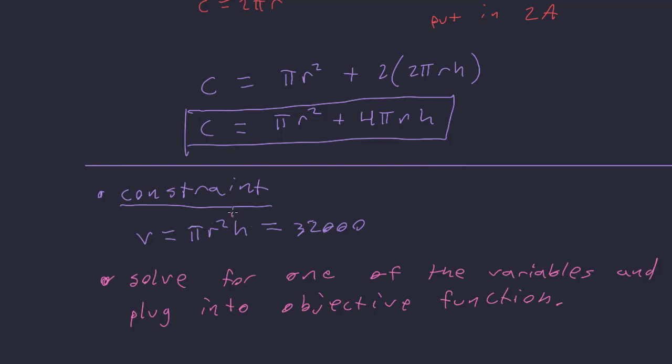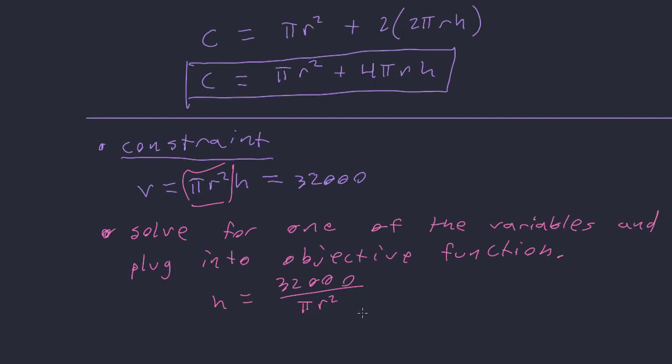To solve for h, we just divide through by pi r squared. So h is going to be 32,000 divided by pi r squared. And then this we are going to plug in for h in our objective function. Now it looks kind of bad, however, some things are going to cancel here, so hopefully it will not be that bad.